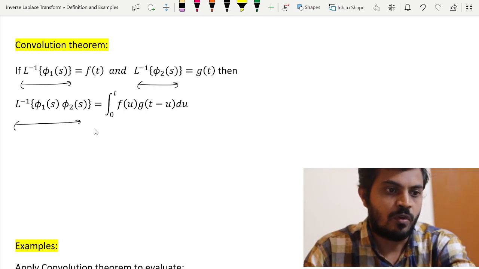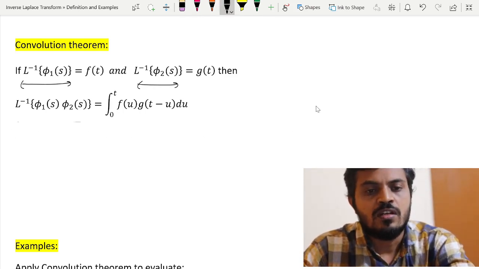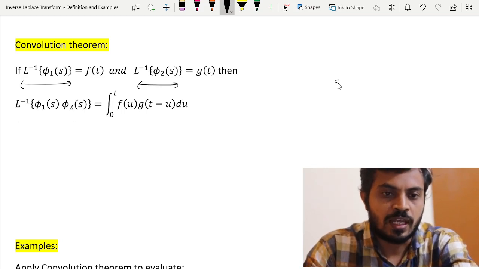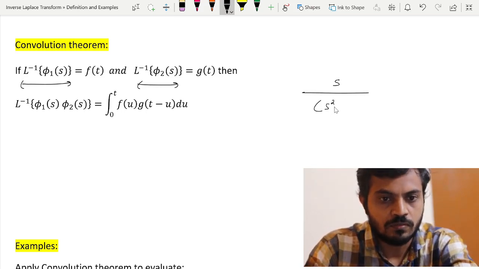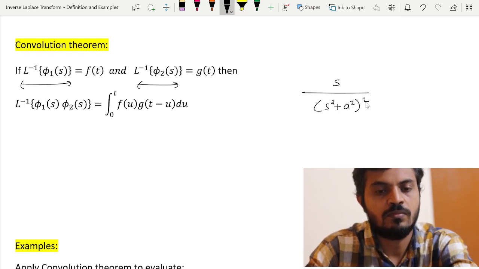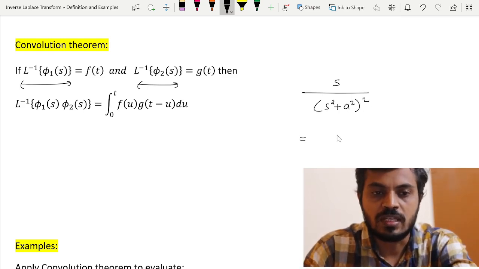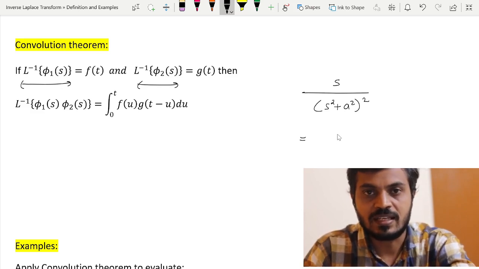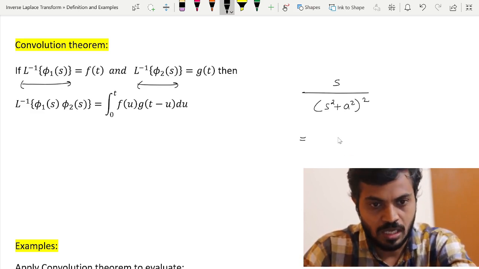Now when to use this formula, that is a question. Whatever function is given to you, first of all we have to think whether that function can be written as a product of two functions whose inverse Laplace transform is already known to you.